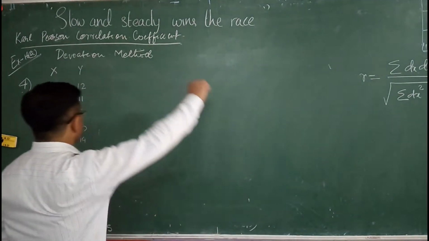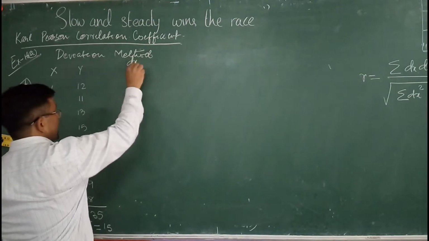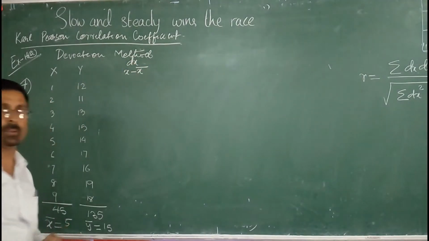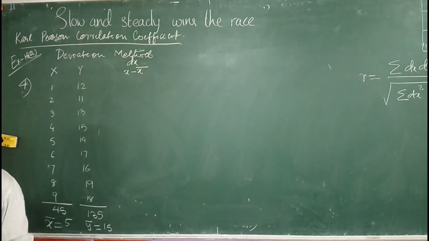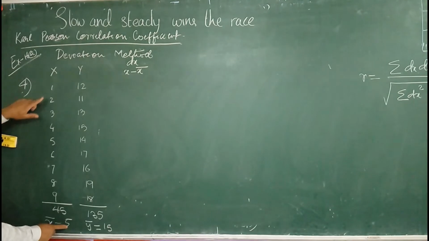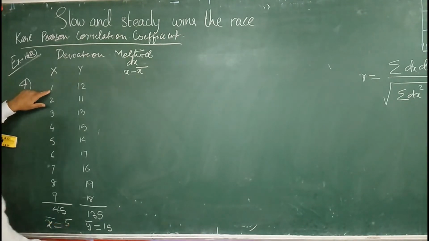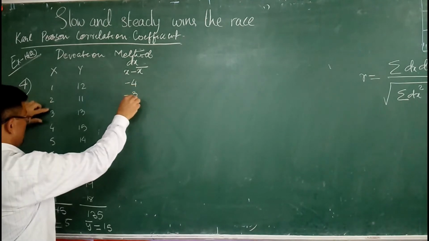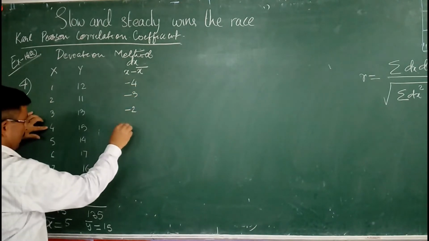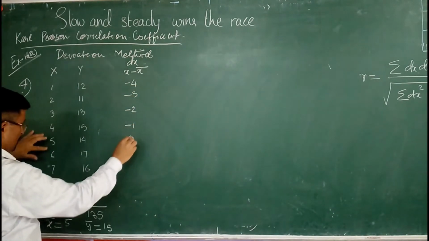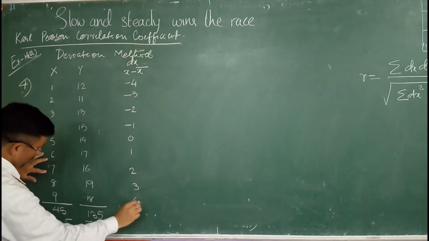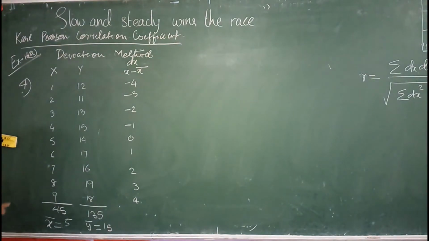So first we calculate the column dx, and dx is x minus x bar. Your mean is 5 and x is 1, so 1 minus 5 is negative 4, then negative 3, negative 2, negative 1, 0, 1, 2, 3, and 4. You got this dx.